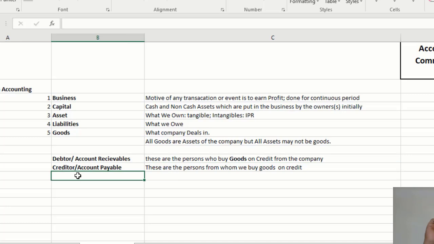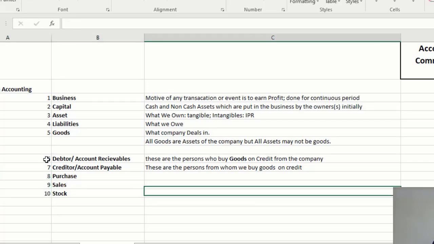Now there are three words which you have to tackle very carefully. One word is purchase, second is sales, third is stock.